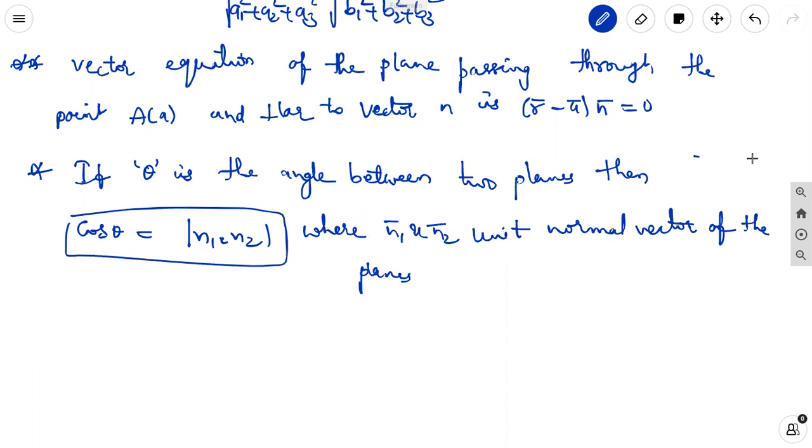That is nothing but, this is one plane and this is the other plane. The angle between them is theta, and we are taking n1 vector and n2 vector for the two planes.